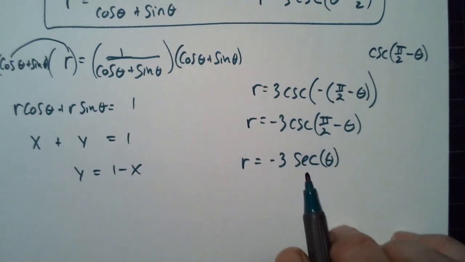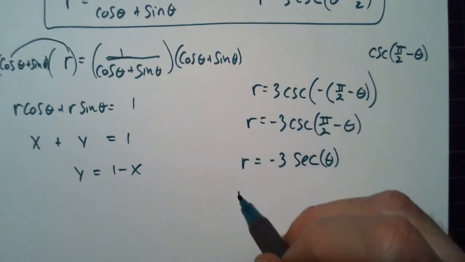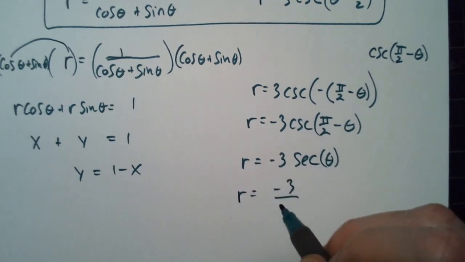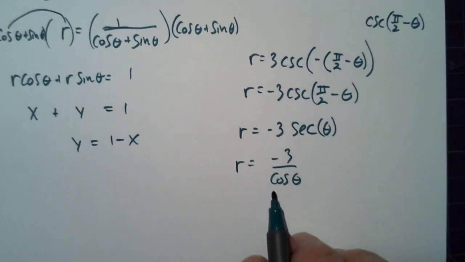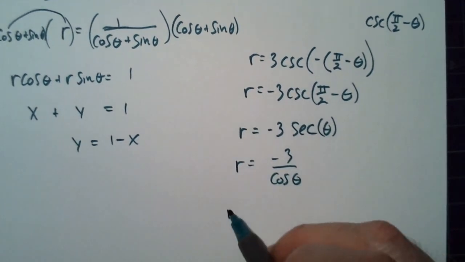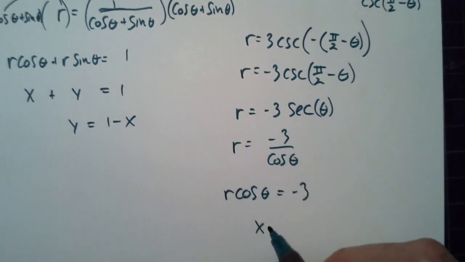And we don't have a formula for secant to replace secant with anything, so we would rewrite that as 1 over cosine. If you multiply both sides by cosine, now we have r cosine theta, and r cosine theta is x.